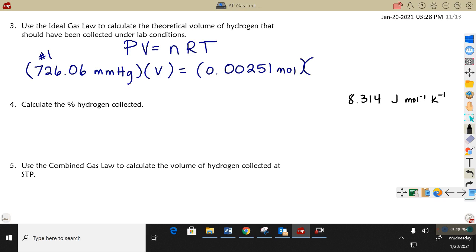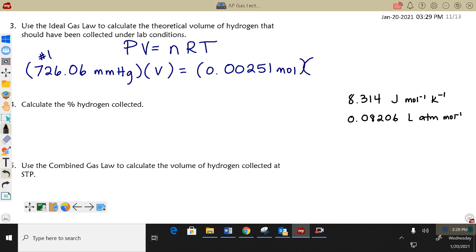It's like joules per mole Kelvin. There's one that's 0.08206. And then that one says liter atmosphere. And then mole^-1, Kelvin^-1. Okay, so that's in the packet.